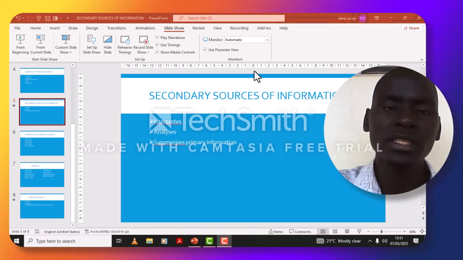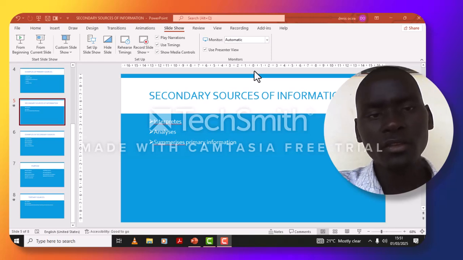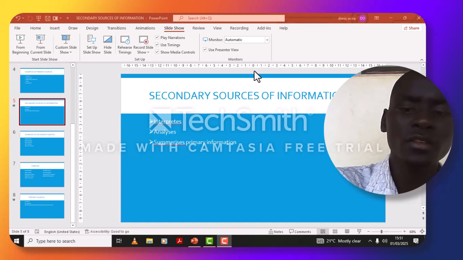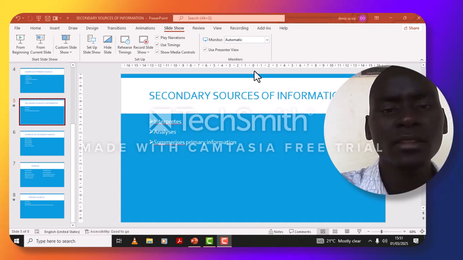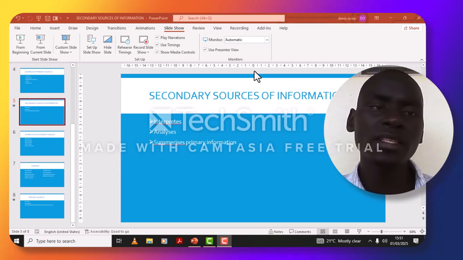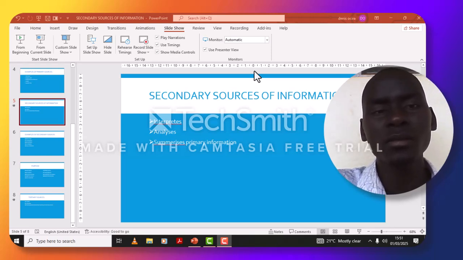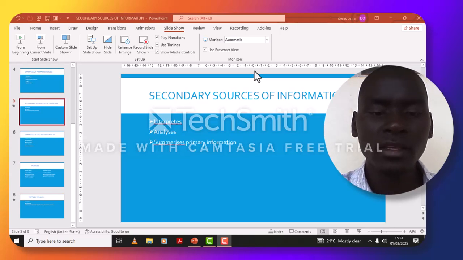Now when we talk of the secondary source of information, it is that type of source which interprets, analyzes and summarizes the primary information gotten from the primary source, or a raw fact, or first-hand information.